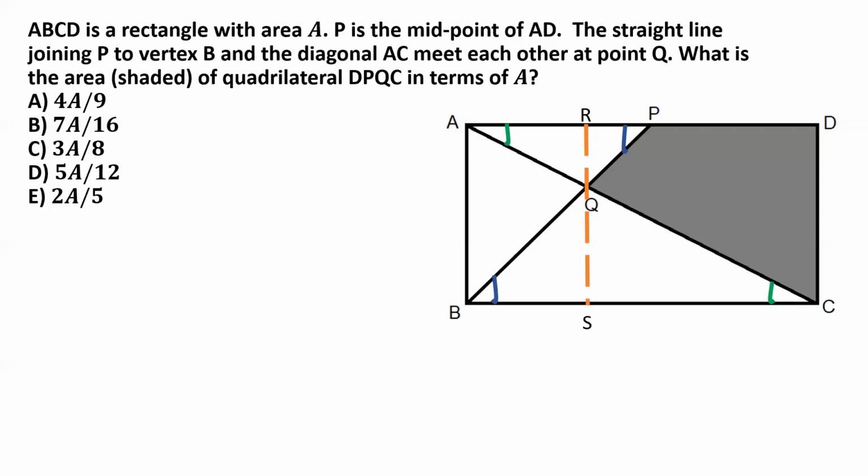And since triangles APQ and BCQ are similar, the ratio of their altitudes, RQ by QS, will be equal to the ratio of their corresponding sides AP and BC. And since BC is equal to AD, ABCD being a rectangle, the opposite sides are equal. So this becomes AP by AD, and since P is the midpoint of AD, AP by AD will be equal to half.